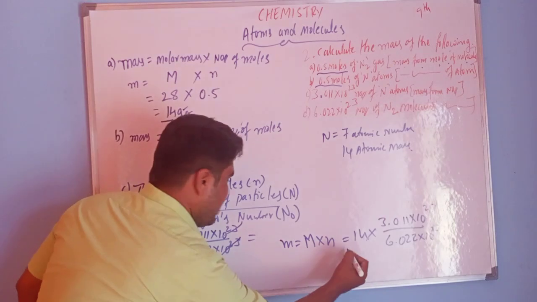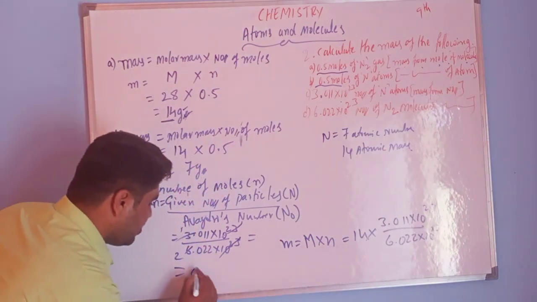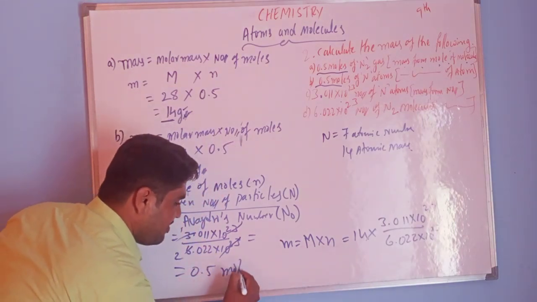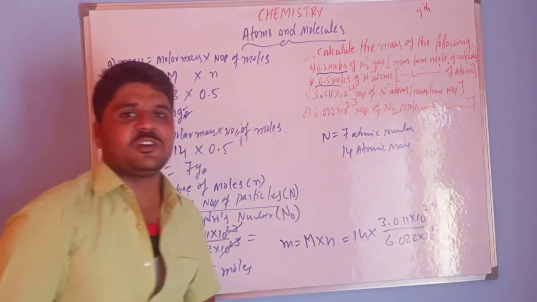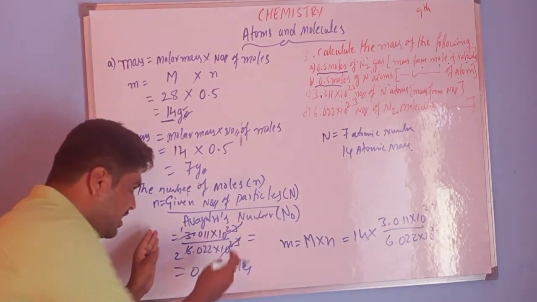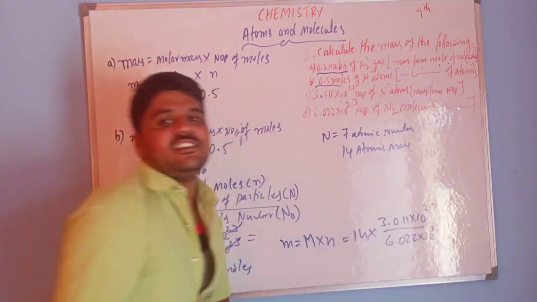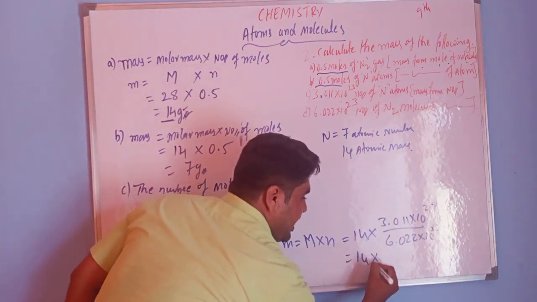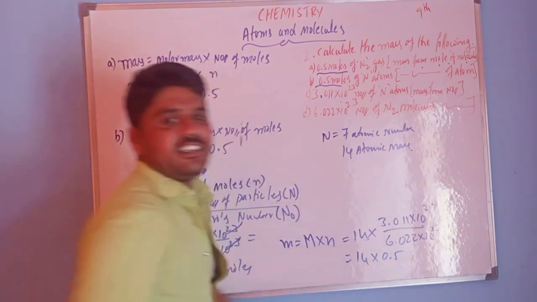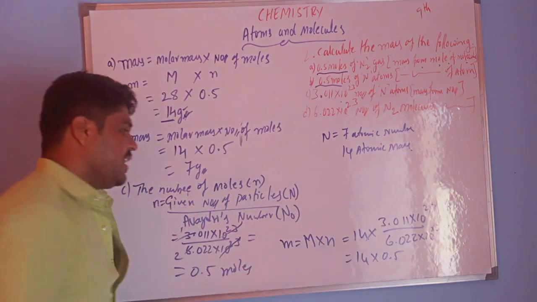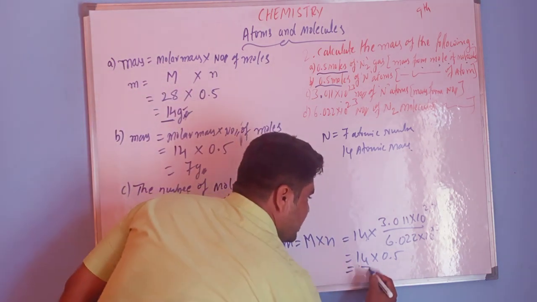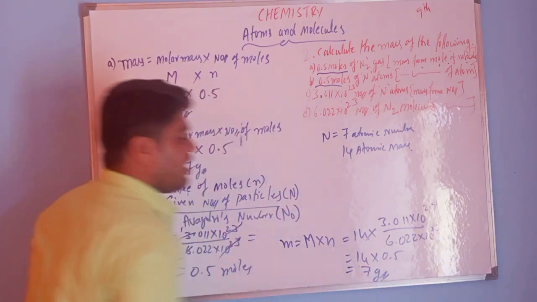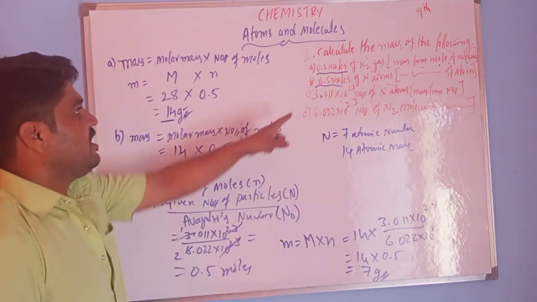Already I told that half means 0.5 moles. So for the simplification I am doing 14 into 0.5. So the answer is 7 grams. 7 grams is the answer for the third option.